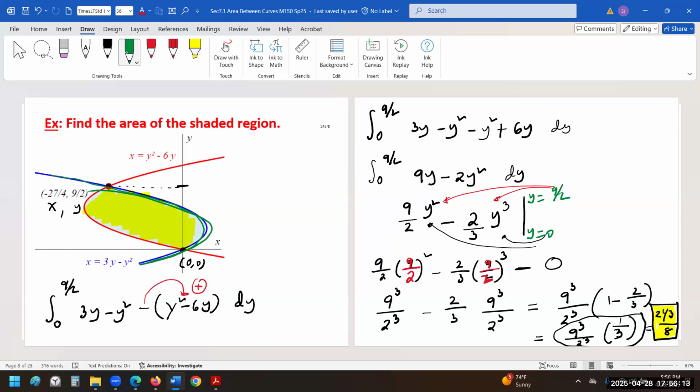So we subtract left from the right. Right minus left. Here, the blue is right, and the red is left. So right minus left.